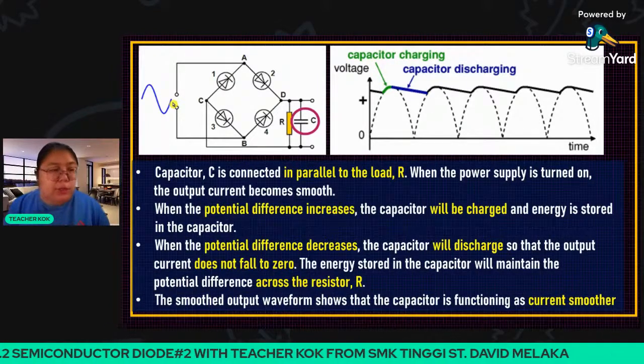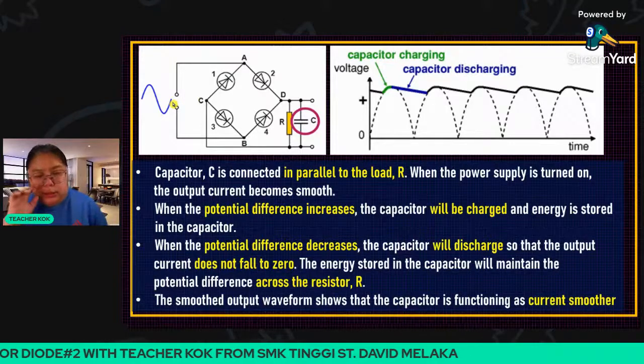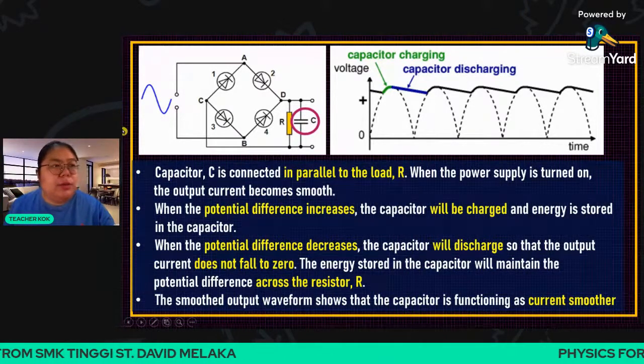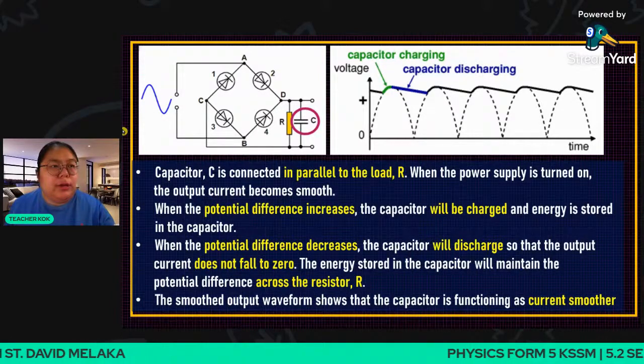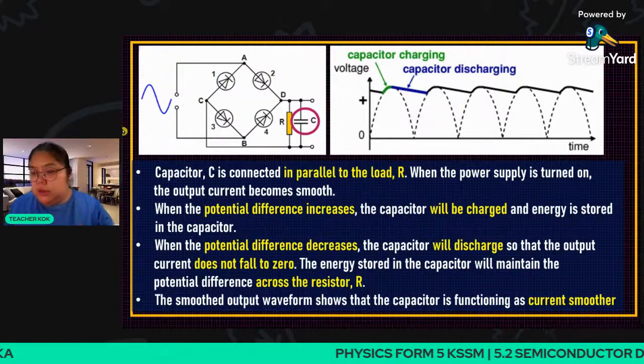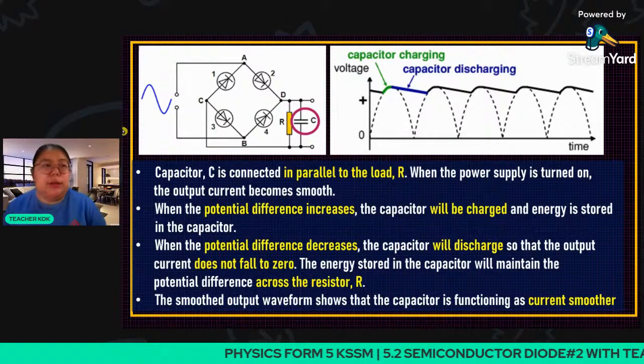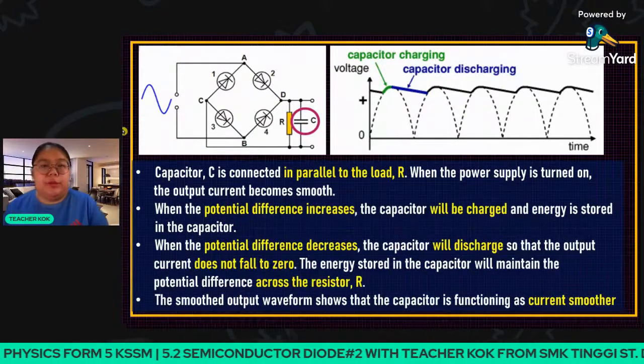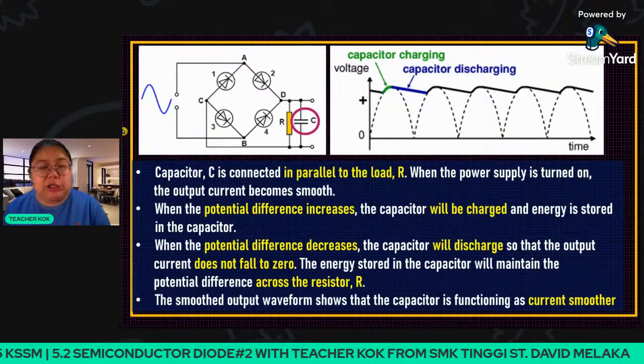We just wait because the line today has a little bit of a problem. Cannot smooth. Anybody? If I'm using DC, can the capacitor function or not?